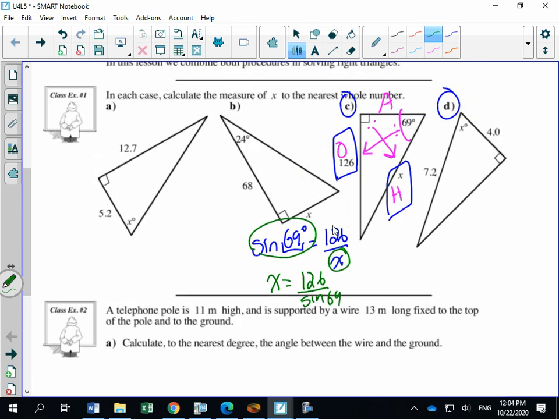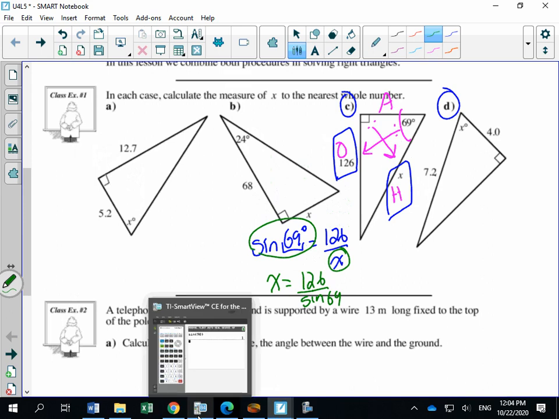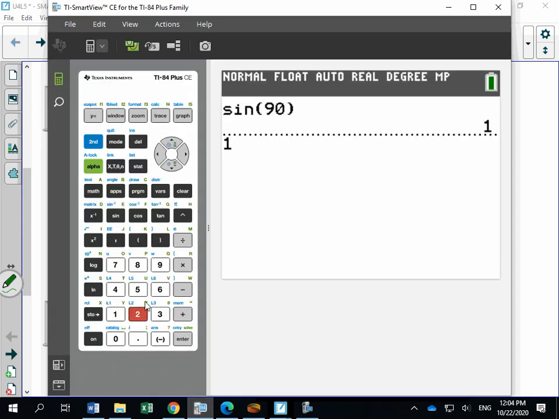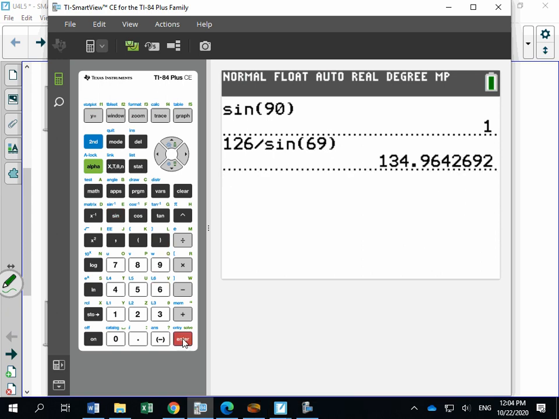Let's look, they want this to the nearest whole number. So 126 divided by the sine of 69 degrees gives me, to the nearest whole number, 135 units.